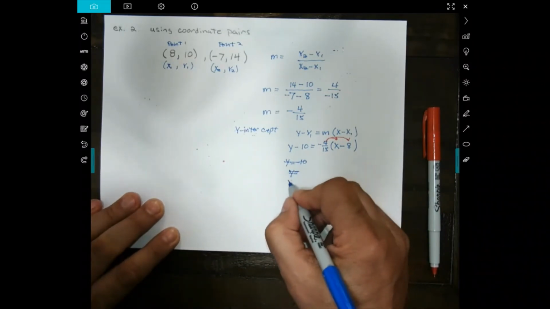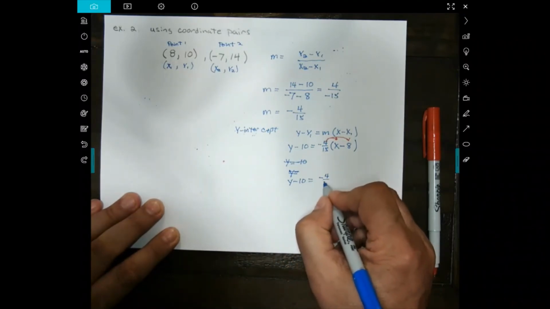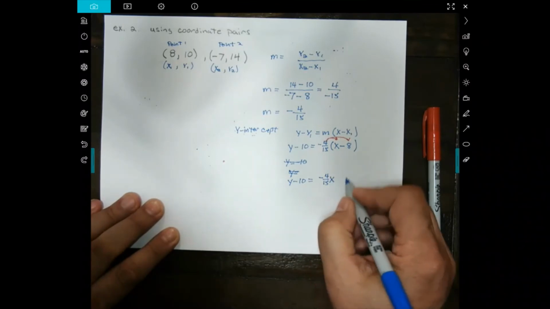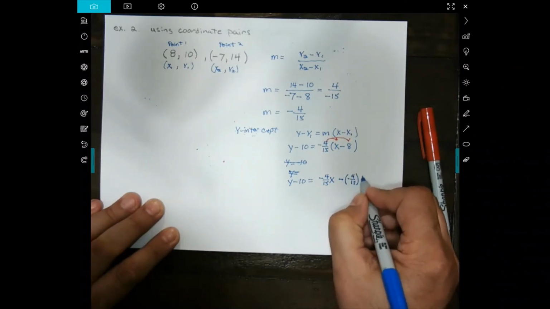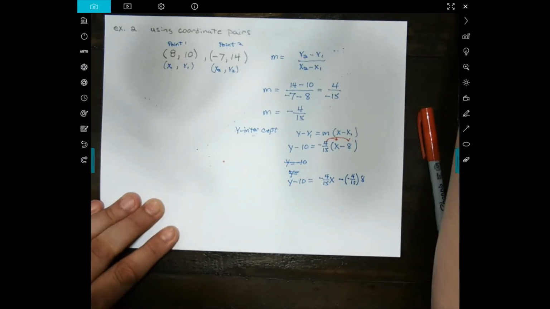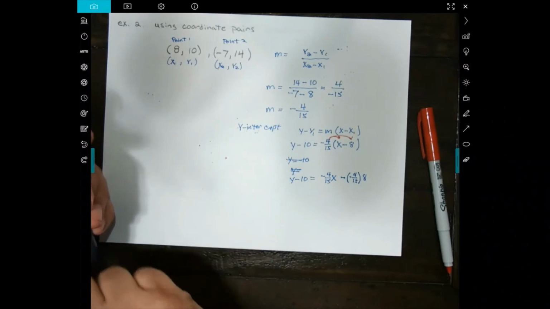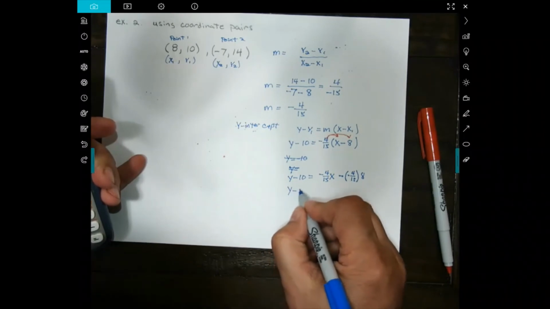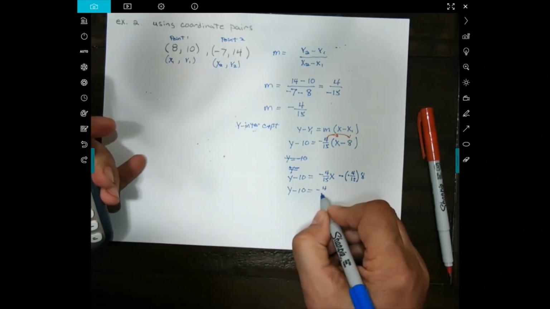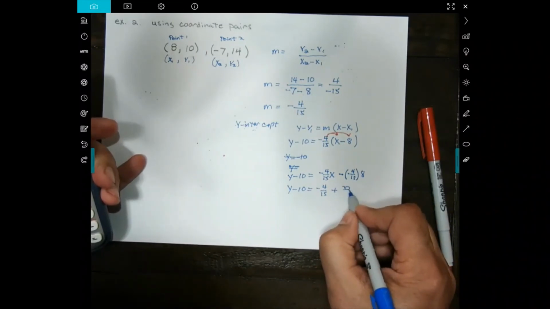One more time, y minus 10 equals negative 4 15ths times x minus negative 4 15ths times 8. So let's see, 8 times 4 is 32 divided by 15, so that's y minus 10 equals negative 4 over 15 plus 32 over 15.